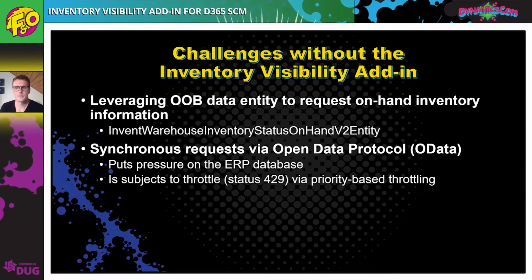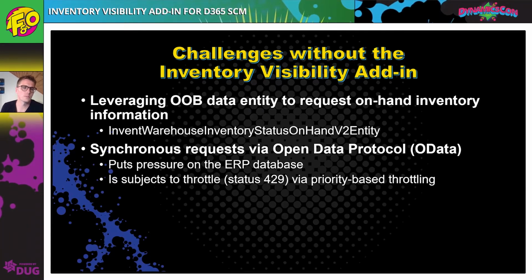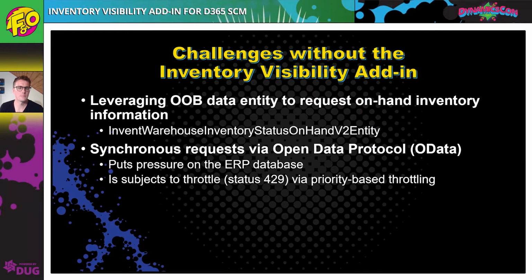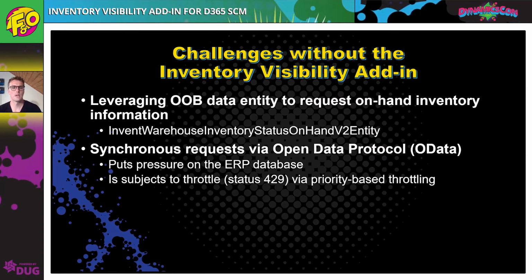And synchronous requests via the OData protocol to your ERP database will, of course, put pressure on the ERP database. And the pressure can cause, of course, delays in the ERP processing and cause slowness in your ERP processes.